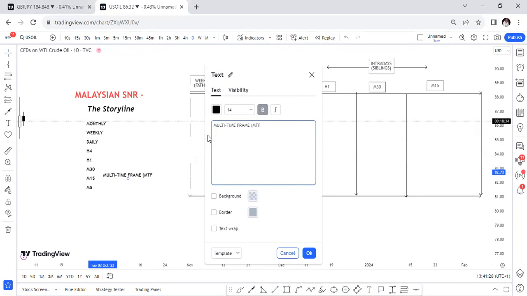So you must have seen this MTF. Time means more than one. Then we have the second: this is time. This means the dimension of each structure, or we call it the trend.